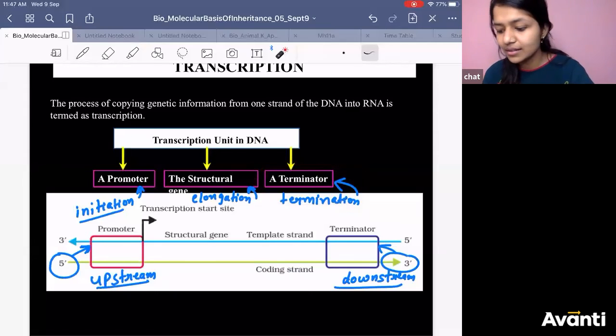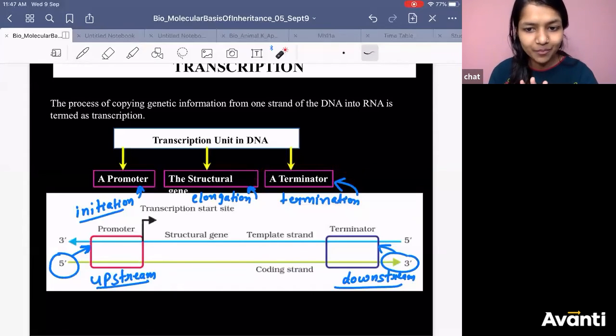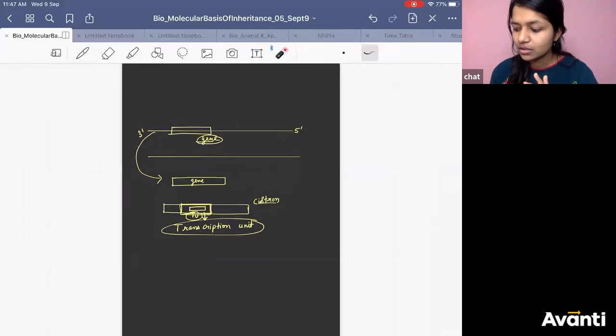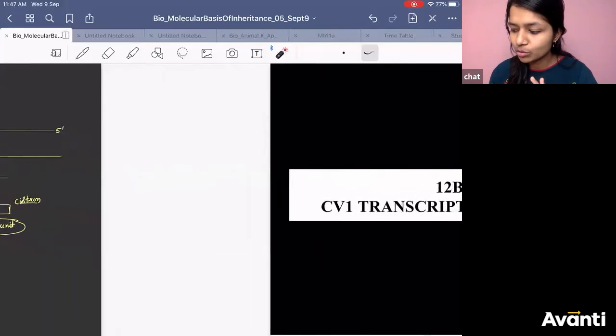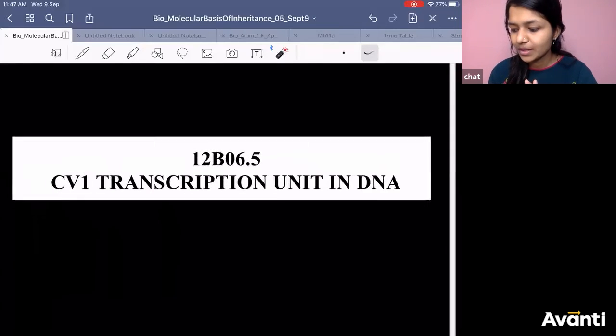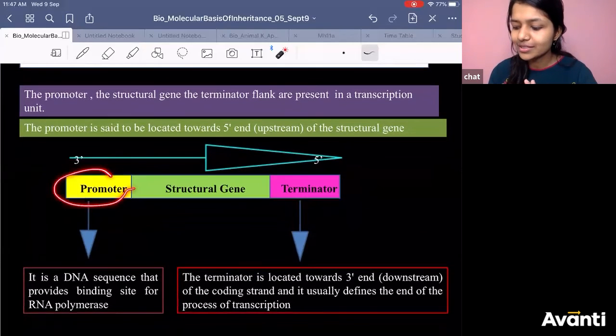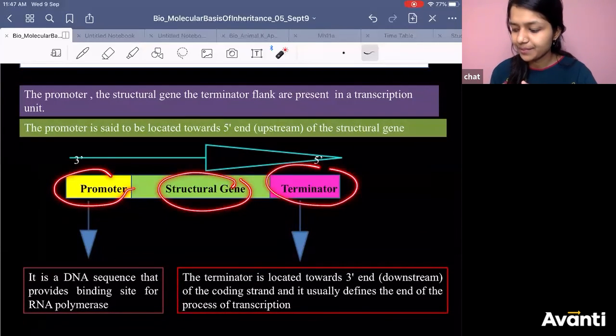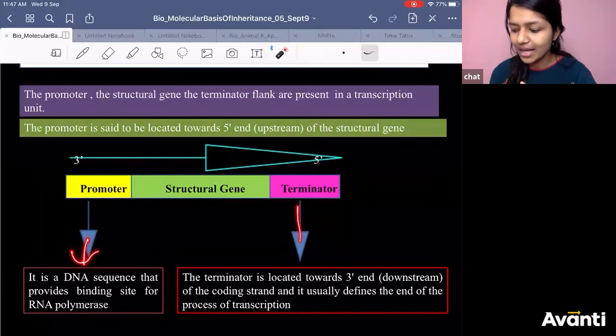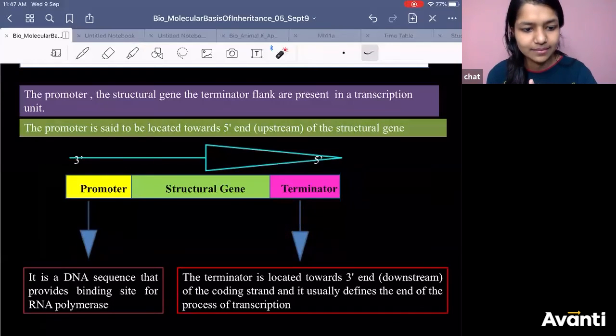Is this clear? Up to now it is clear? If you have any doubt, you can ask. Promoter, structural gene and terminator, the locations we have already discussed.